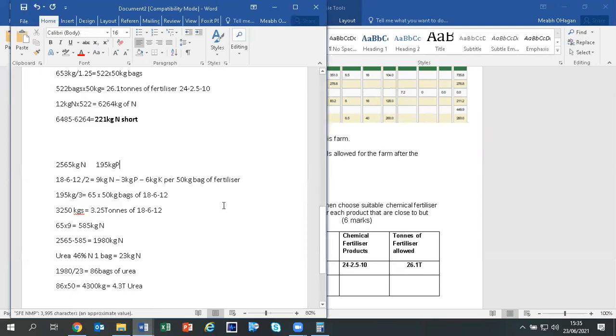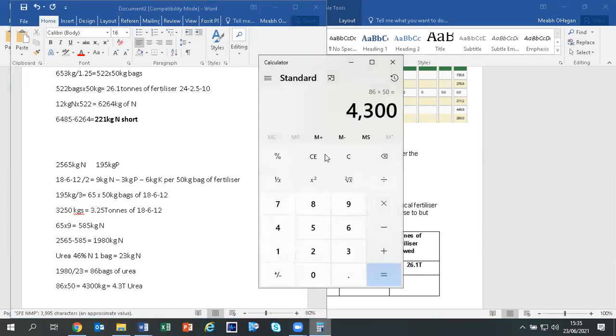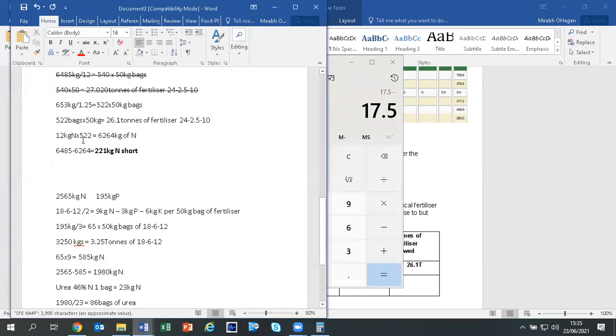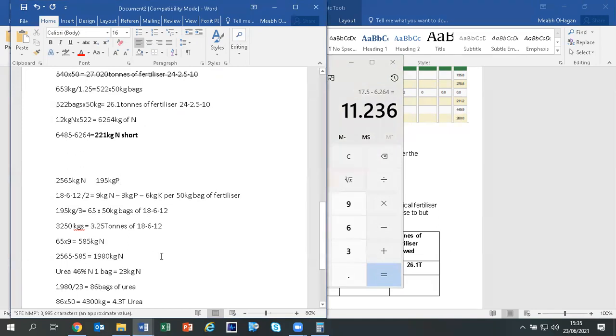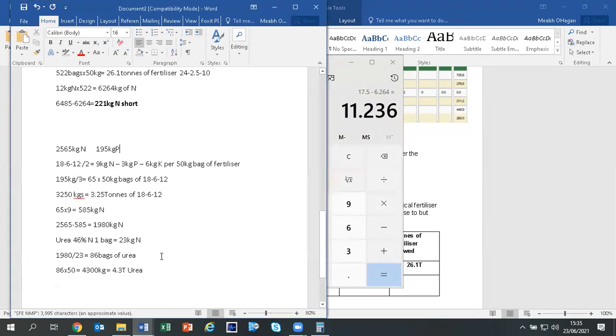So we come back here. Our 17.5 tons of nitrogen is our maximum. So up here we spread 6.2 tons of nitrogen. And then down here, how much nitrogen did we spread?